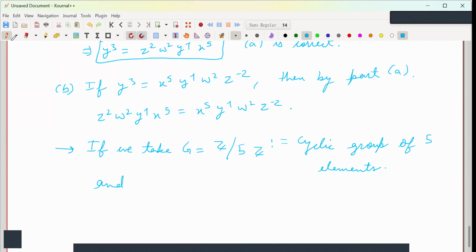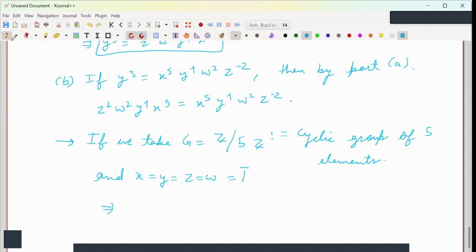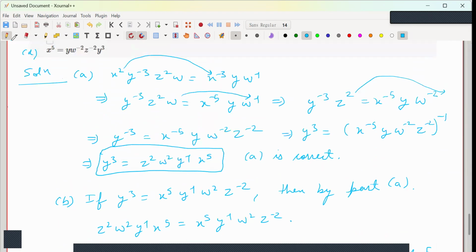So then you will have this x5 equal to 1, and x, y, z, w, everything is just 1 bar. Then you can check that the first relation will be satisfied.